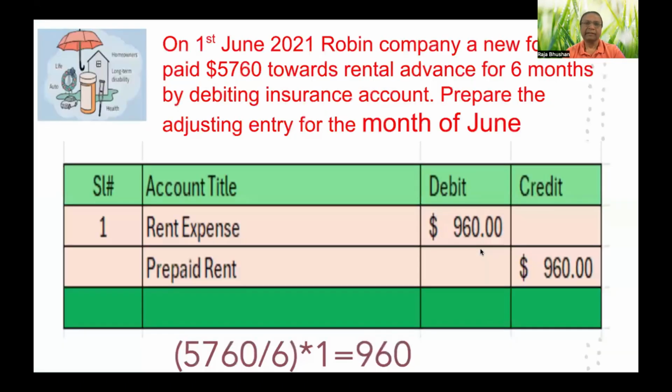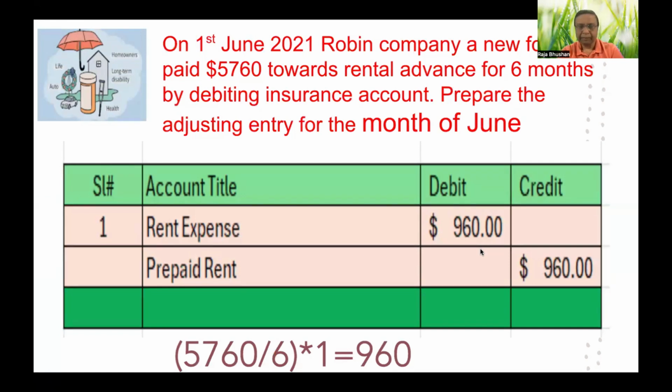So let us take this example, that is 1st of June, $5,760 have been paid as rental advance. So what did we do? When we paid 5,760, we debited prepaid rent. So now how much have you used up? 1 month, because 6 months you have paid. For June, it is 1 month. So divide the amount by 6 to get the amount of rental expense.